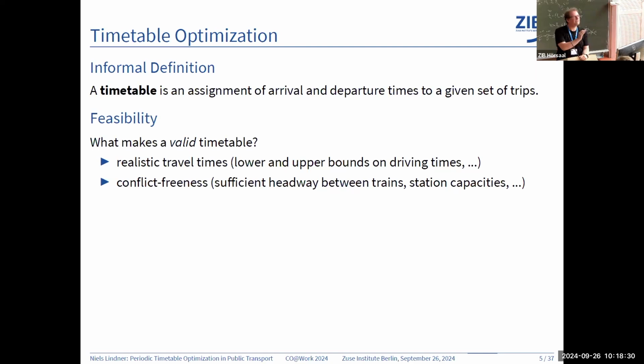Easy to remember, great. No, it's in fact an important point. It's, I think, the main reason for periodic timetables, right? Reliability. Okay, that goes in the direction of robustness, more or less, right? So, okay, yeah, very good.